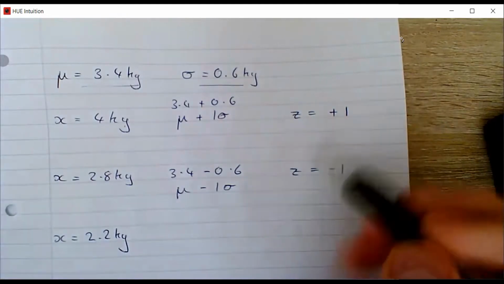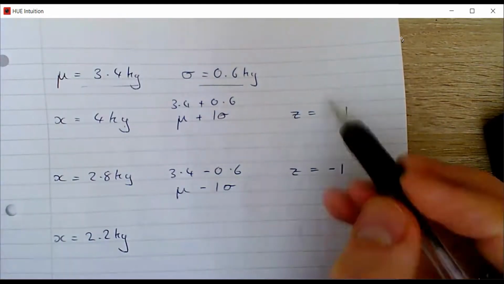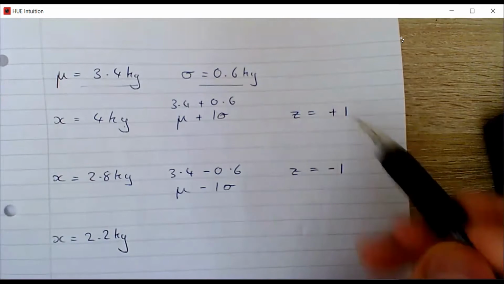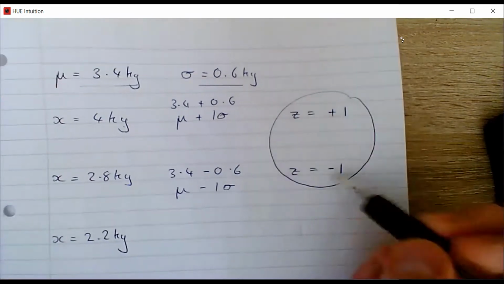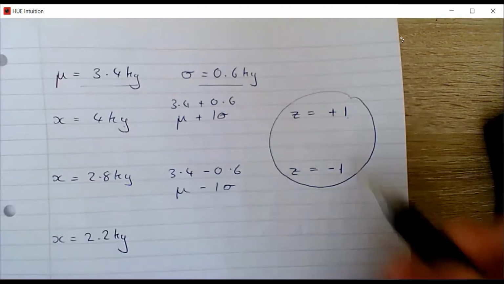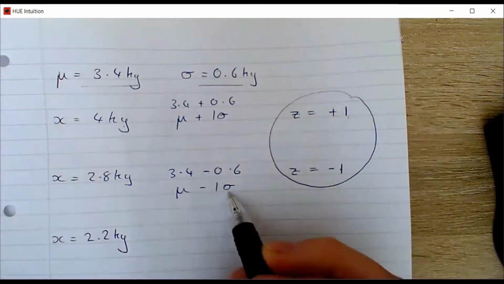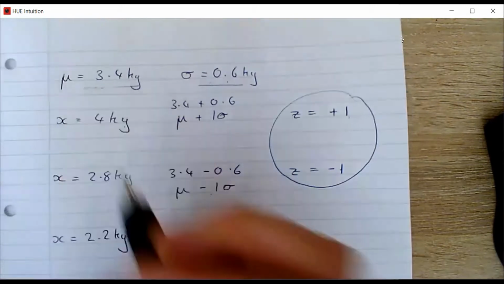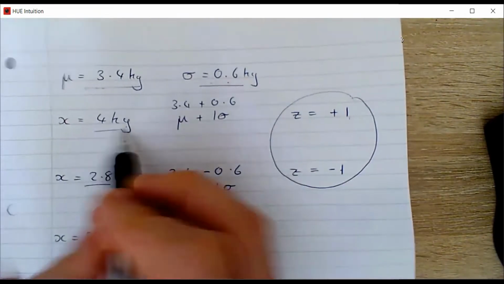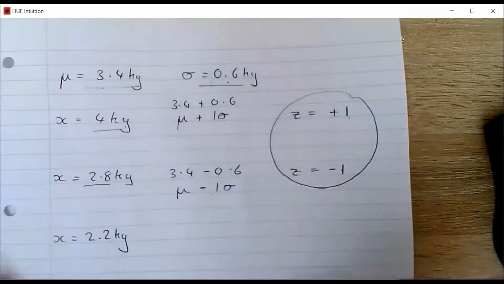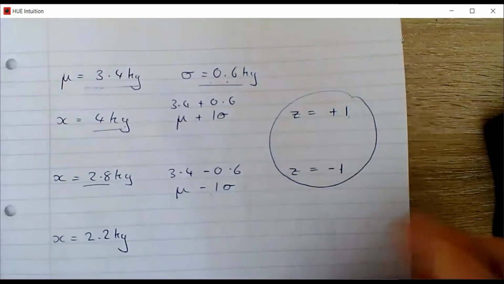And we're going to have a rule that says 68% of any normal distribution, so in this case, 68% of these babies born, will have a Z score between -1 and +1, or are born within one standard deviation of the mean. What does that mean? It means their weight is between 2.8 kilograms and 4 kilograms in 68% of cases.